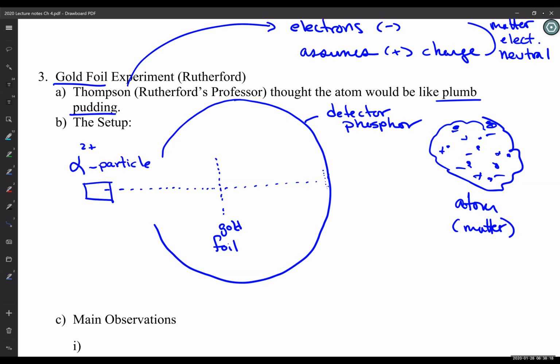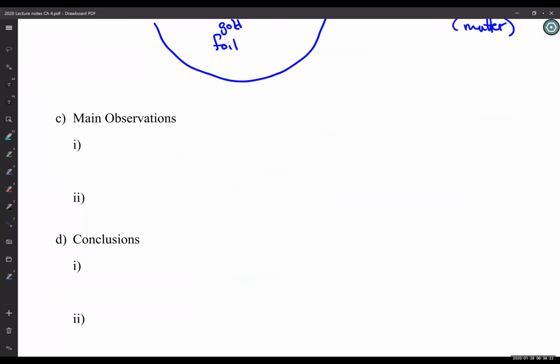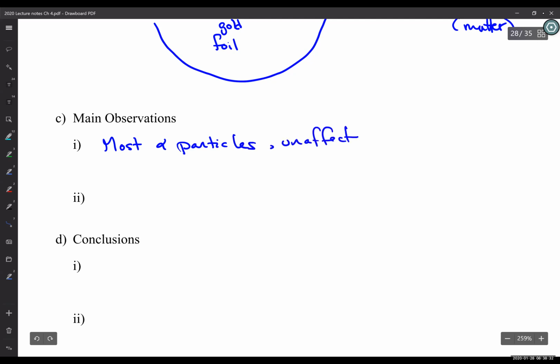First observation from this experiment, all right? Main observation: most particles are unaffected and go straight through. So far, so good.